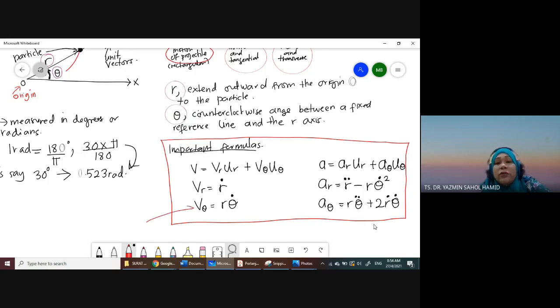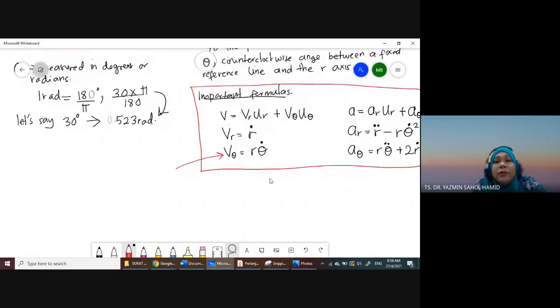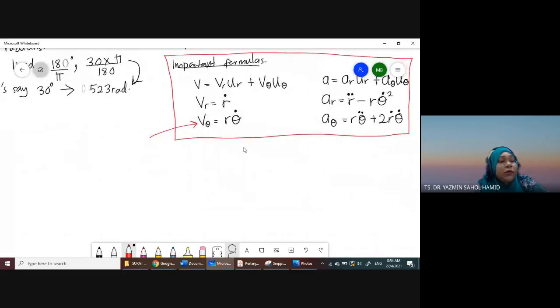If you want to understand in more detail, you can look in the textbook for how the derivation comes from, or just copy in one place and remember. However, for today's class, I just want to highlight how the formula comes from. At least you get an idea, so you're not just memorizing formulas, you understand where they come from.